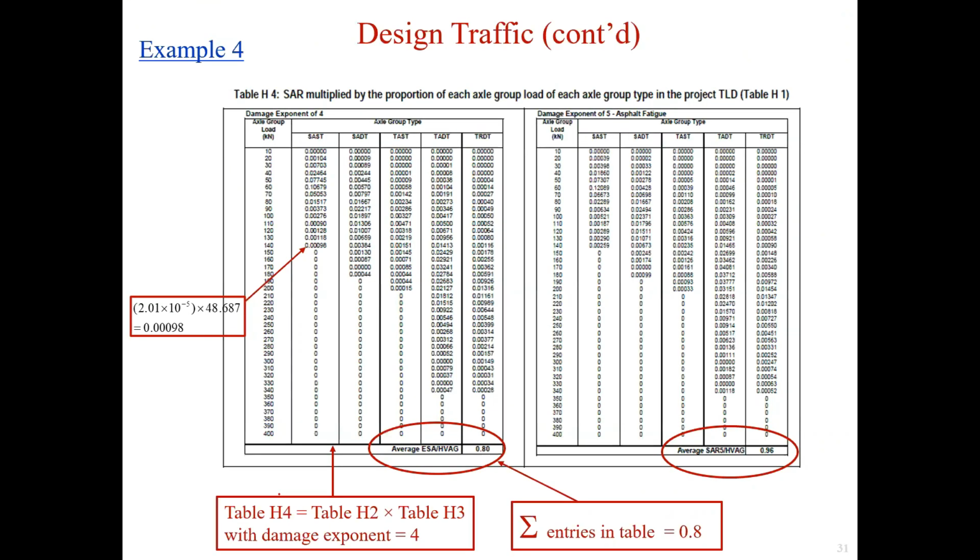The table H4 is SAR multiplied by the proportion of each axle group load of each axle group type in the project traffic load distribution. In other words, table H4 equals table H2 times table H3 with damage exponent of 4, 5, 7, and 12.